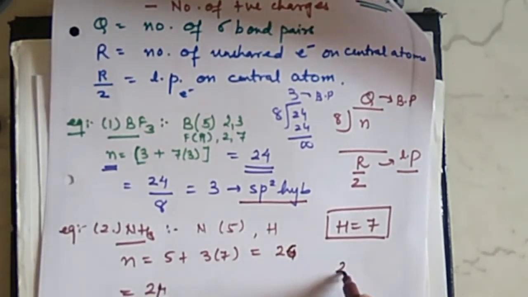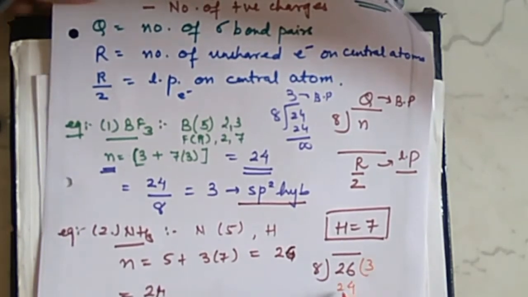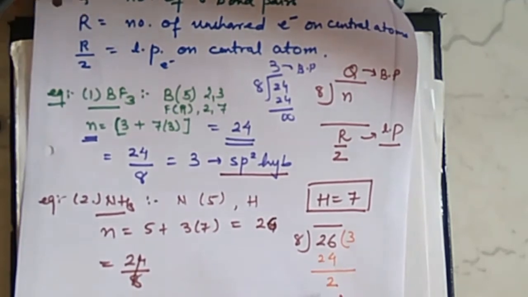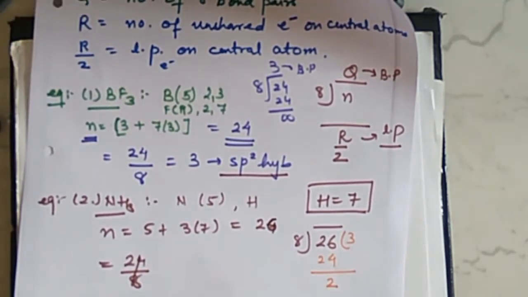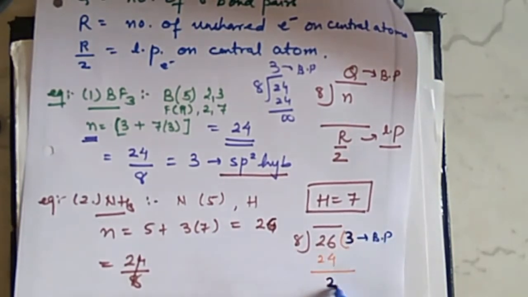26 divided by 8: 3 eights are 24, so we get 2 as the remainder. Here 3 is the quotient, so 3 bond pairs, and 2 is the remainder R. R by 2 is 1, so 1 lone pair.